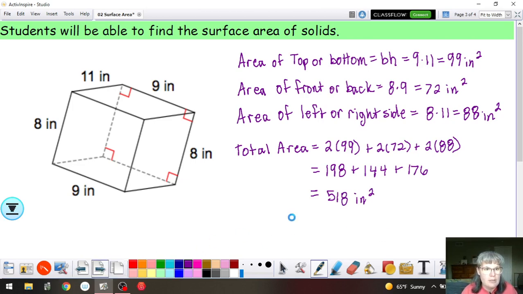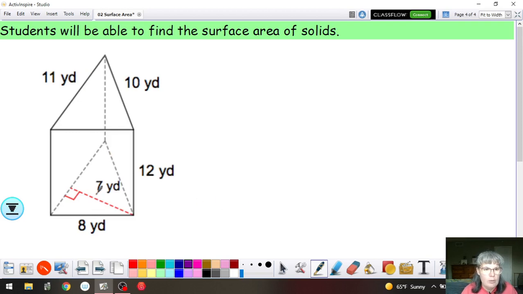And for our last shape, again, our base is going to be a triangle. So I'm going to say triangular base. And now this could be tricky.